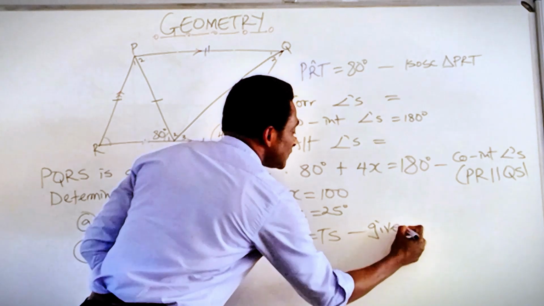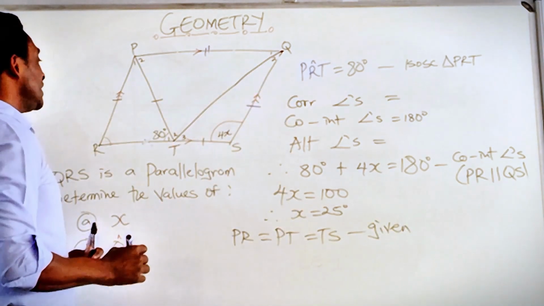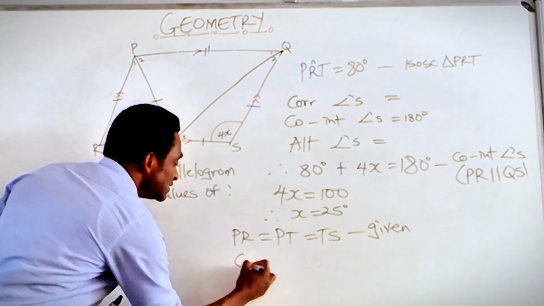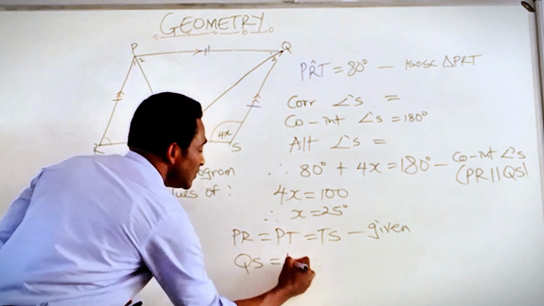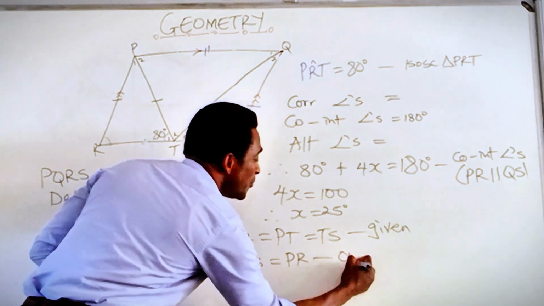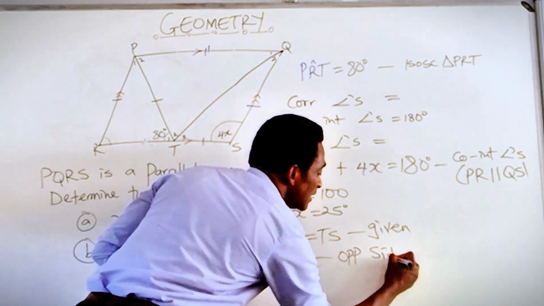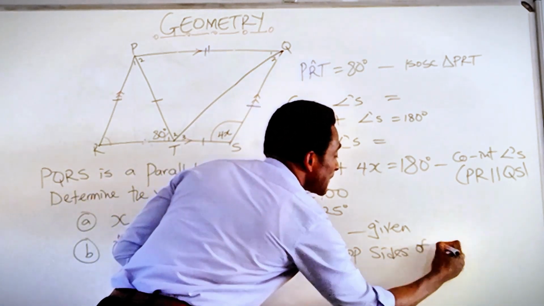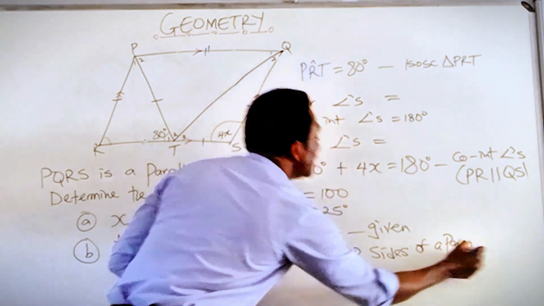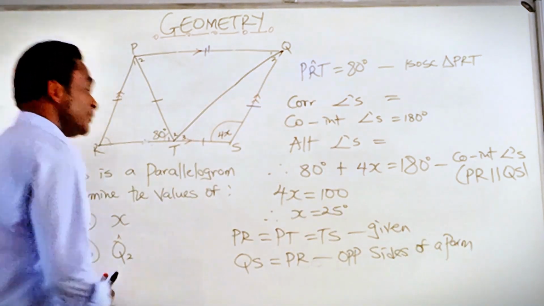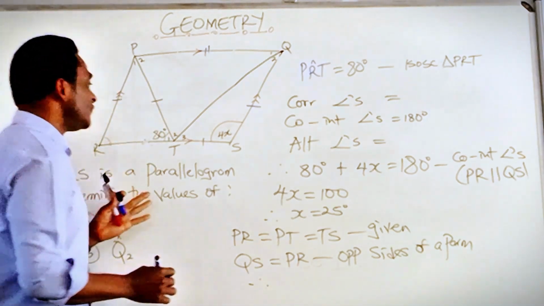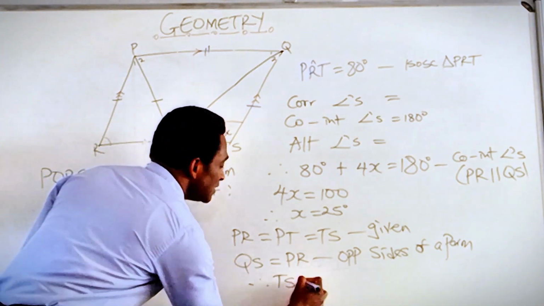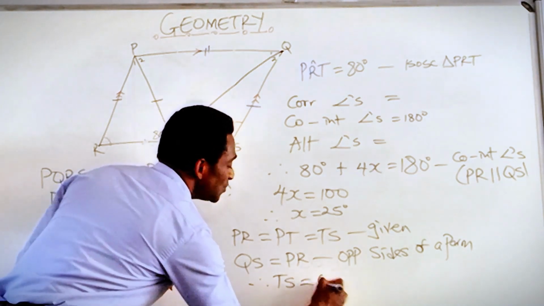It is given. Now we can also say that QS is equal to PR, because opposite sides of a parallelogram are equal. Because of that, we can now establish and say, therefore, TS is equal to QS.